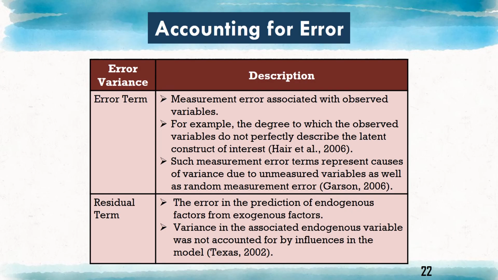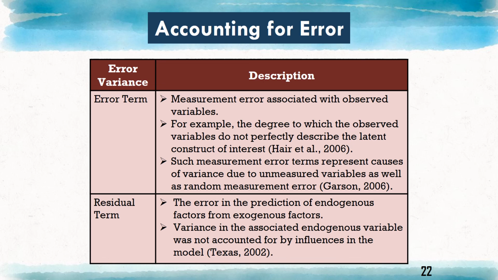Accounting for error. SEM provides estimates for 2 types of error variance. First, error term. Error term represents measurement error associated with an observed variable. For example, the degree to which the observed variable does not perfectly describe the latent construct of interest.